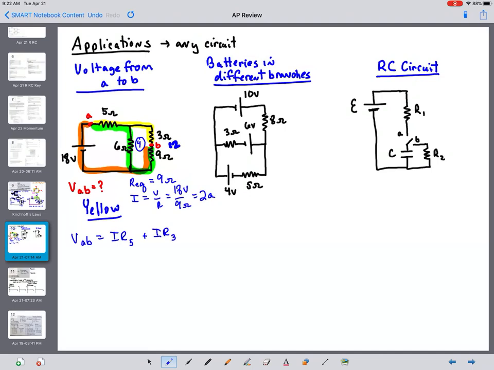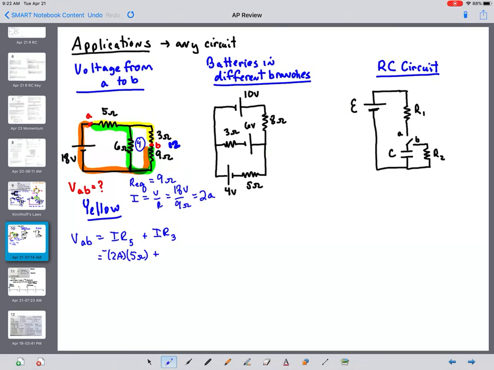Well, the 5 is pretty easy because we know what the I is because it's in series with the battery. So that's going to be the total current. So that's going to be 2 amps times 5 ohms. That will be a voltage drop because we're moving the yellow line from A to B in the direction the current is flowing.